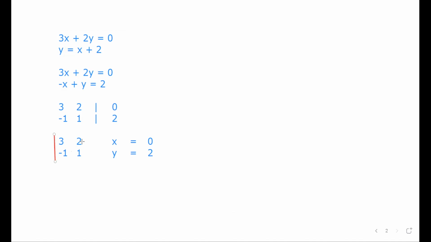This is one matrix. This is another matrix. From here, as usual, you have to do the same method. Here we have a matrix of 2 into 2.